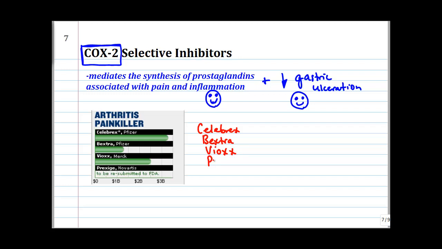And again, these made the drug companies billions of dollars, and they also relieved a lot of pain for people. Okay, so these were $1 billion drugs.